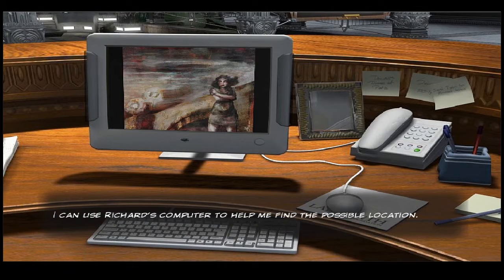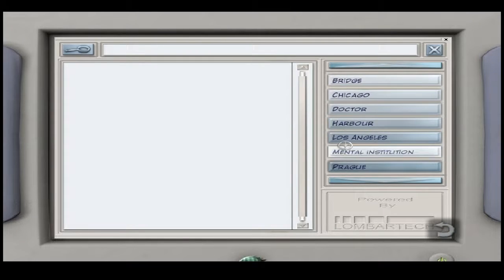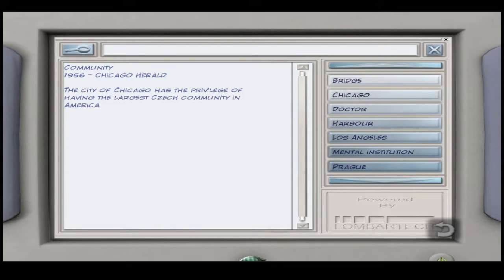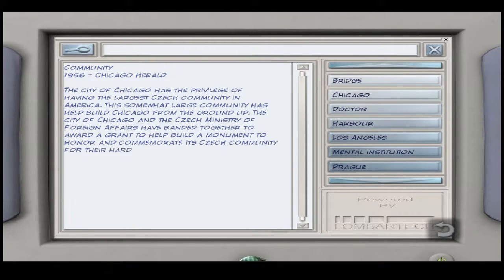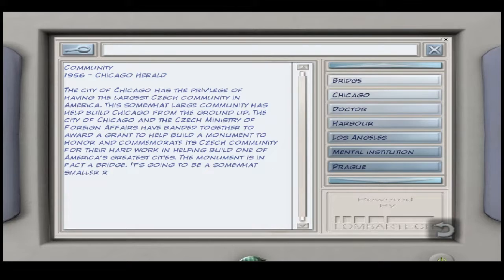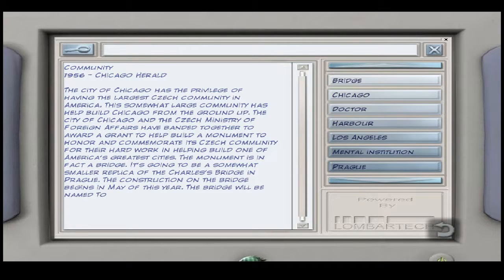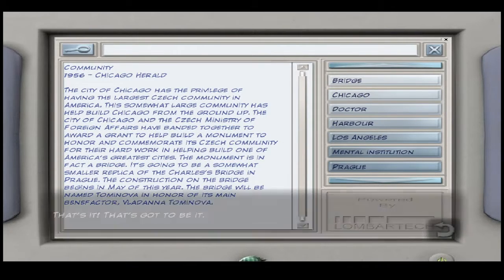I can use Richard's computer to help me find the possible location. That's it. That's gotta be it.